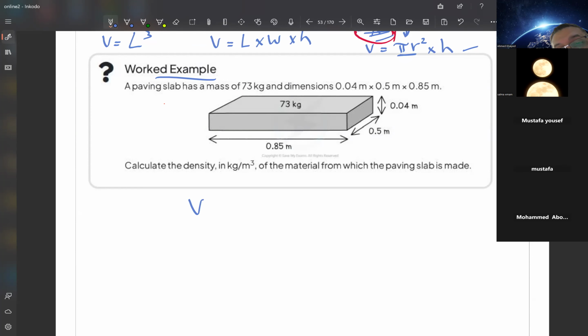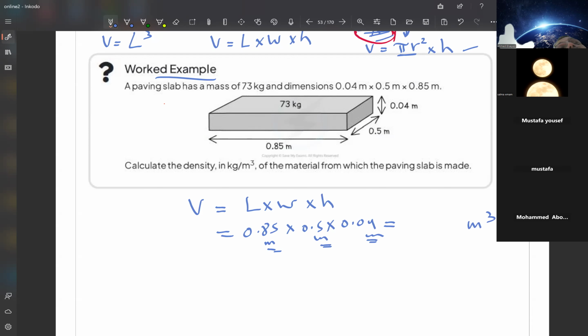Start with volume equals length multiply width multiply height. You can write the number directly: 0.85 multiply 0.5 multiply 0.04. Because all of this is in meter, the answer will be in meter cubed. They must be with the same unit, meter, meter, meter. Okay? So now what is the result, Muhammad?